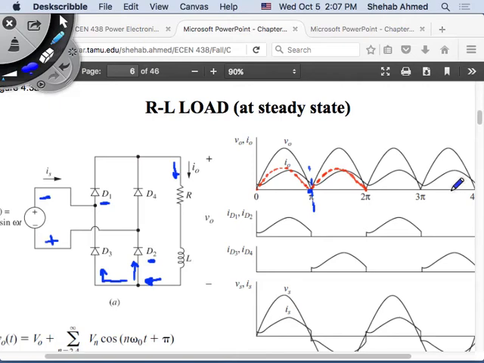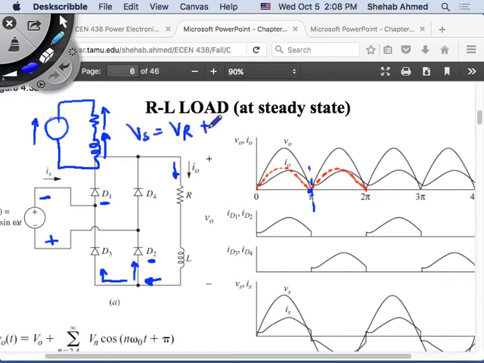So how about the current? As soon as any of the diodes, D1, D2, or D3 and D4, turn on, what does the circuit look like? Source and RL, right? So my source voltage is equal to VR plus VL. So VL is always equal to VS minus VR.